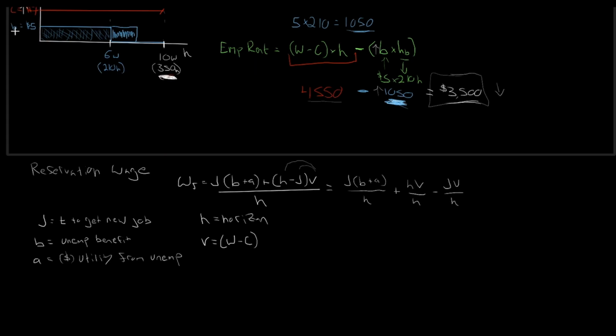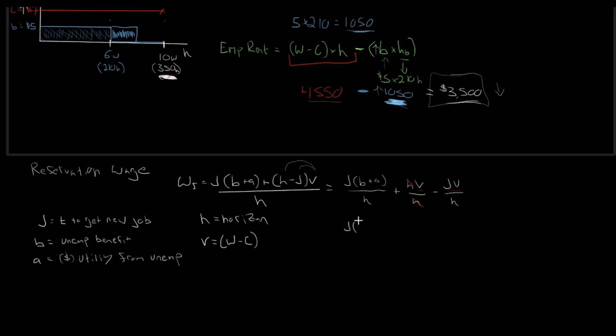What I want you to see is that with that, these H's cancel each other out. That's really the big reason why I did that. From here, we can notice that altogether we have V minus JV over H, which is really V minus J over H times V. Let's rewrite that so it's a bit more explicit.